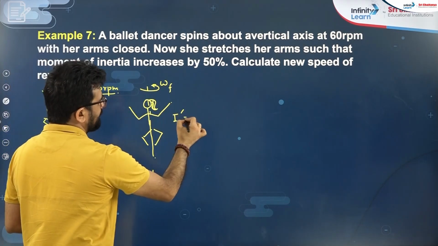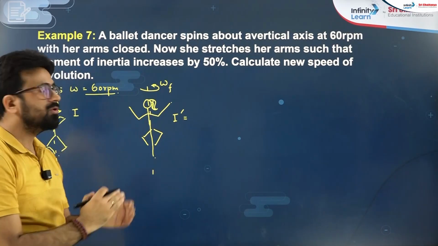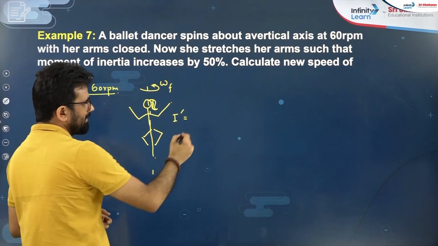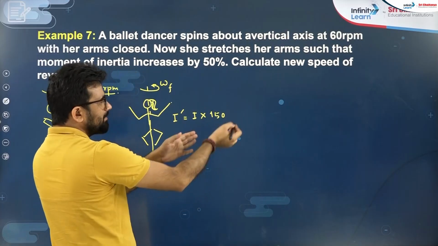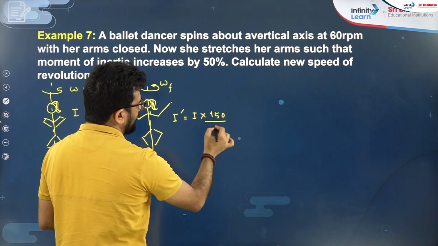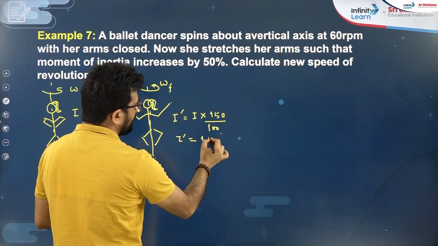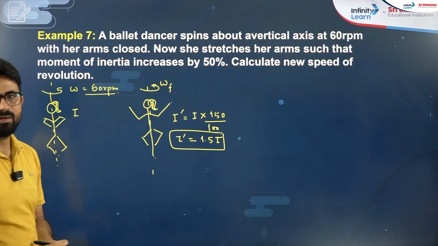How much does it become? I prime, it is increased by 50%. Suppose initially it was I, now I is increased by 50%. So I can say I into 150%. To remove the percentage, we divide by 100, or I can say I prime is nothing else but 1.5 I.